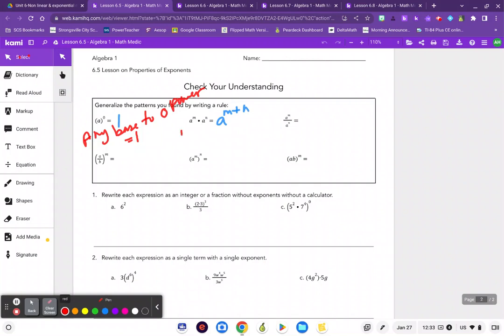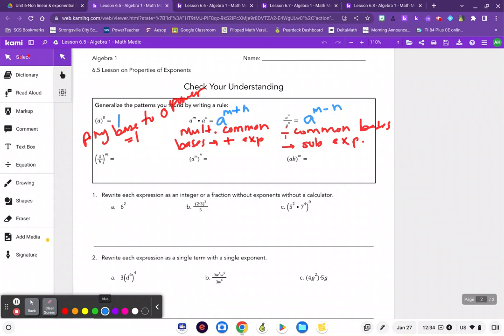So when you multiply common bases, we're going to add exponents. In the next one, we are dividing common bases. Both bases are a. And when we divide common bases, we subtract the exponents. So again, when you divide common bases, we want to subtract exponents.